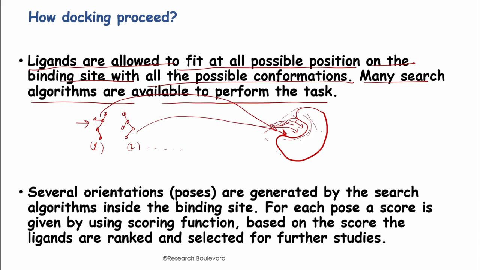For each pose, a score is given by a scoring function. So some kind of score is given. For the first conformer, the first pose, you'll be getting some score.